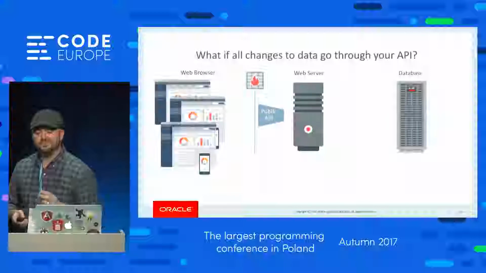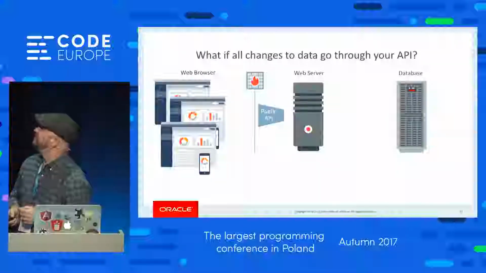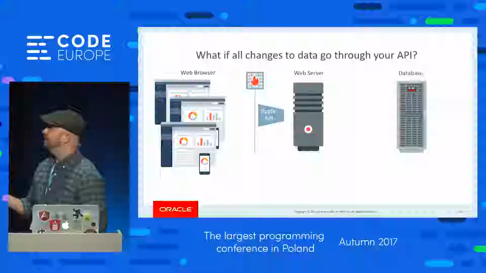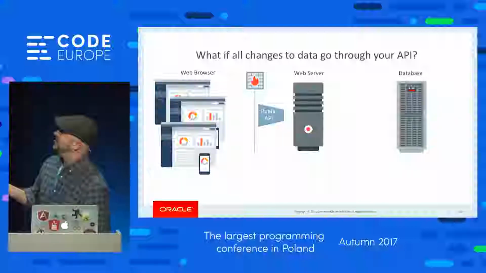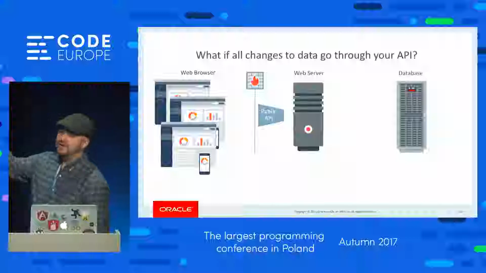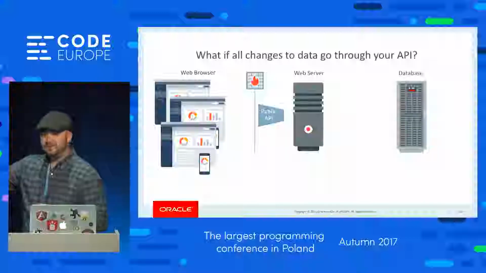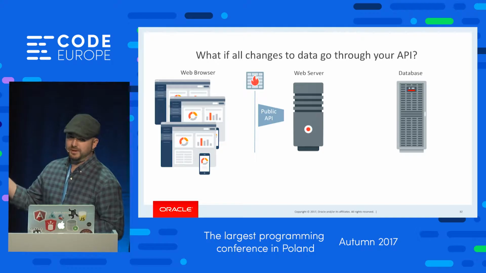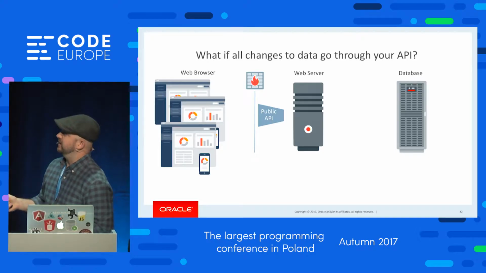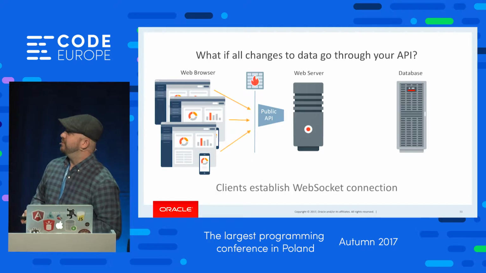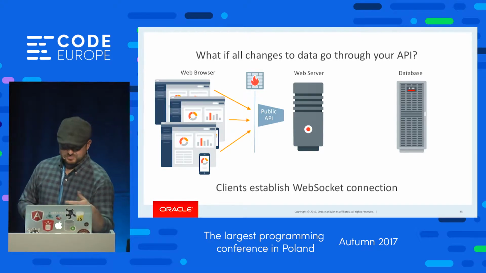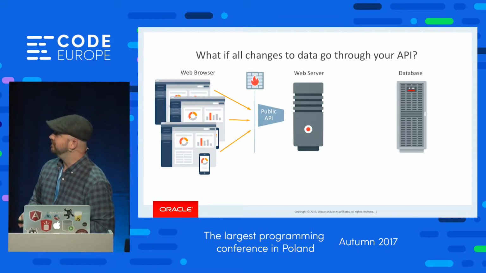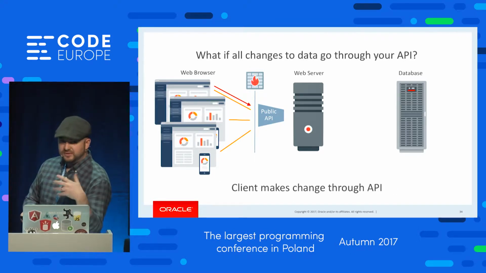All right, so there's basically two different ways you could do this. Now, imagine you have a bunch of web browsers, and you can be absolutely sure that all changes to data are going to go through your public API. Well, then you can do it like this. The web browsers, when they first connect to your app, are going to establish a WebSocket connection. And once that's connected, they're going to persist.